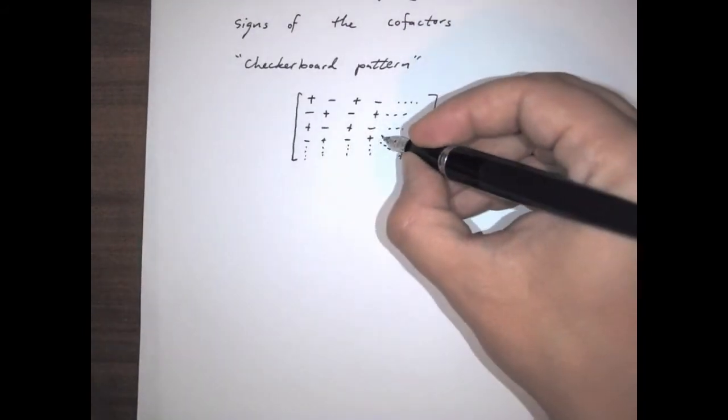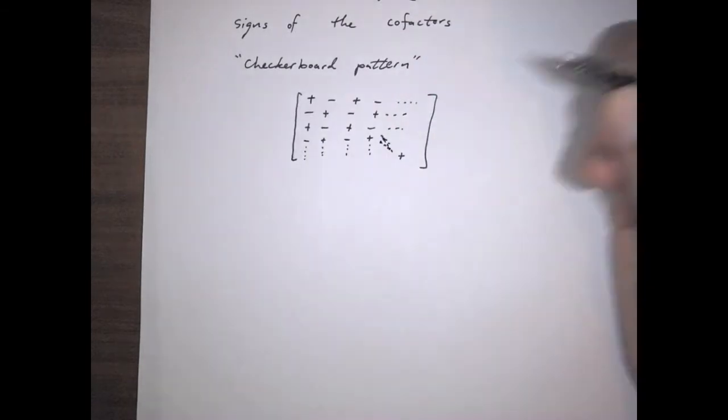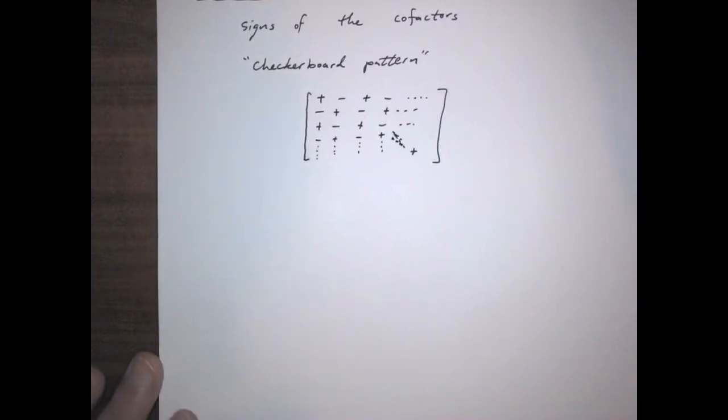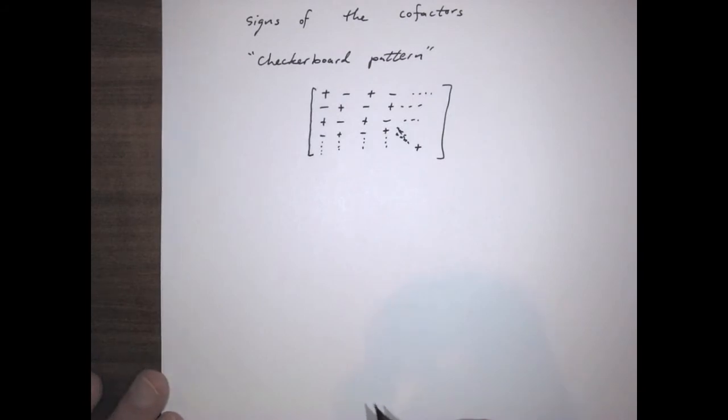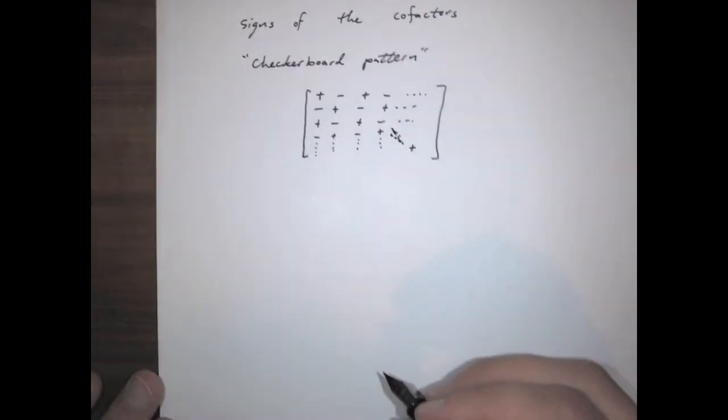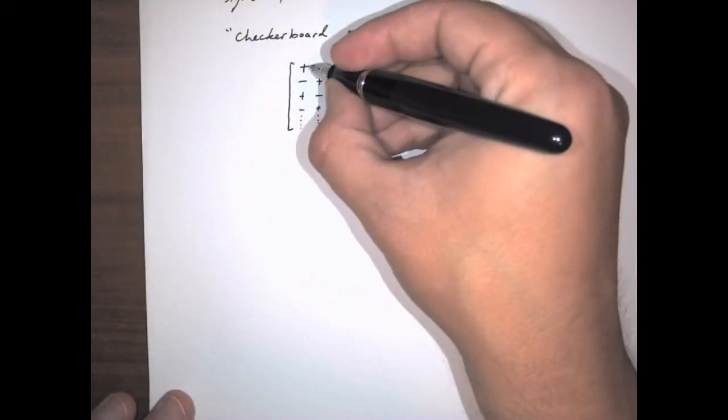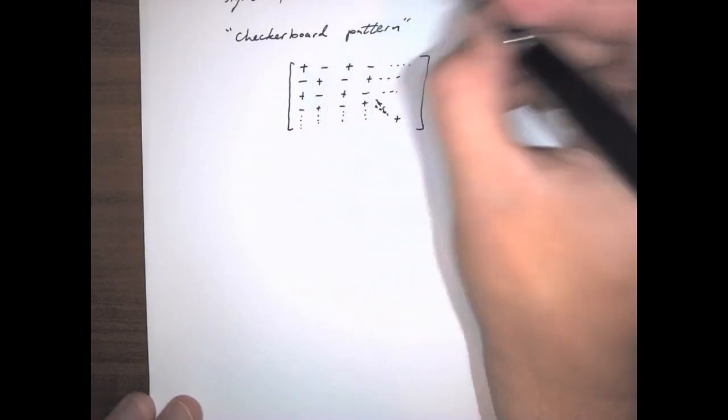The reason why it's called checkerboard pattern is because it resembles a chess or a checkerboard in its alternation of black and white. Only in the case of these, what we are talking about here is that first factor in the cofactor.